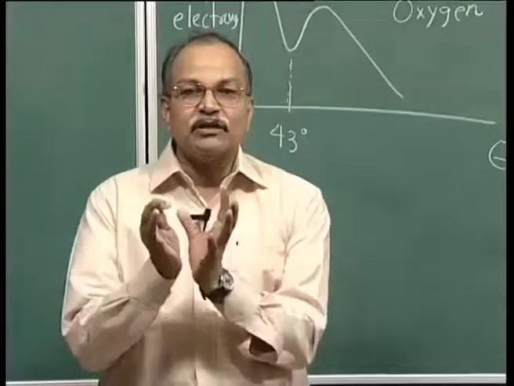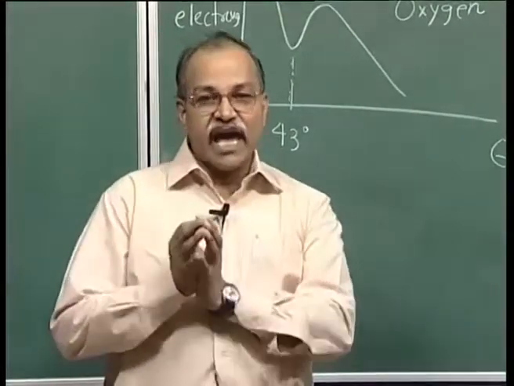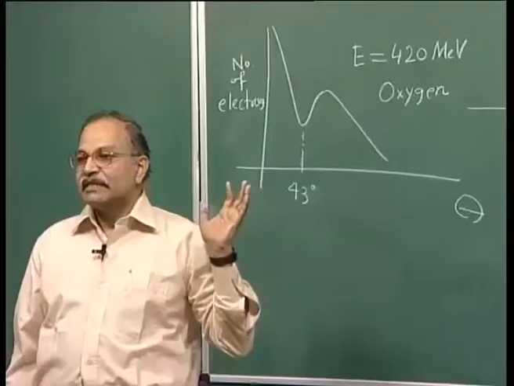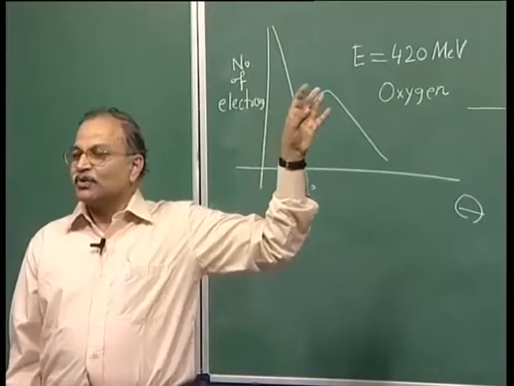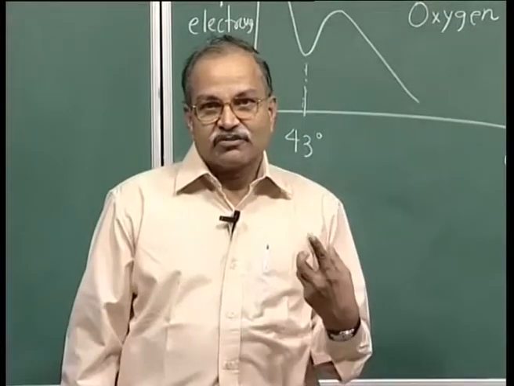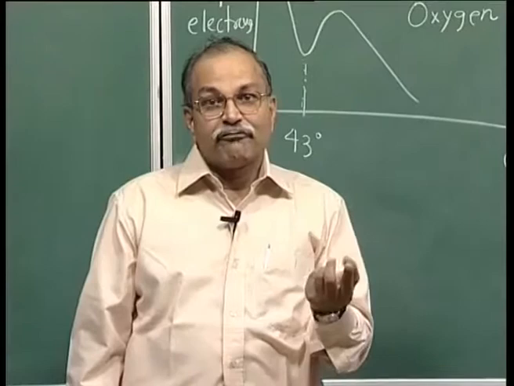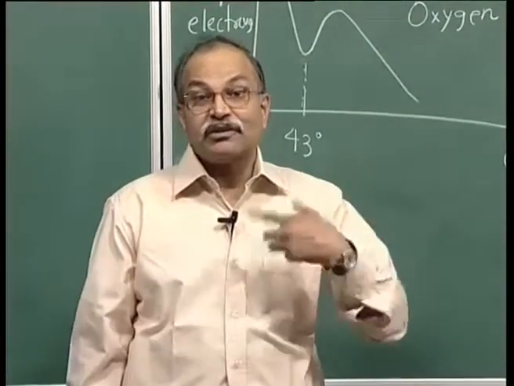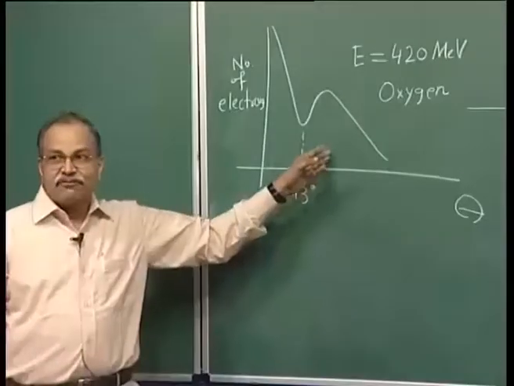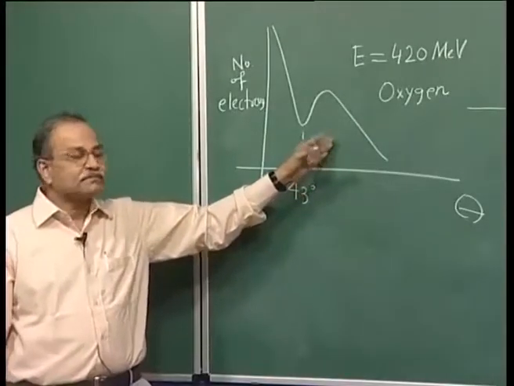You collect only those electrons which have energy close to the incident 420 MeV. So you know that you are only looking at the energies of the electrons which are scattered from the nucleus and not the electrons of the atoms. So this is truly for the nucleus alone.